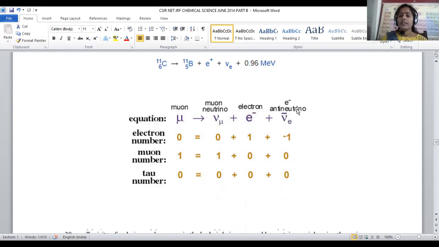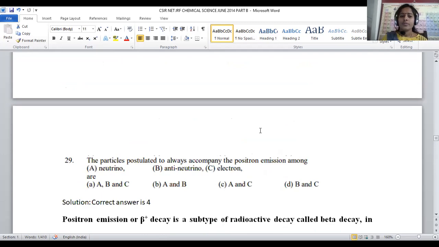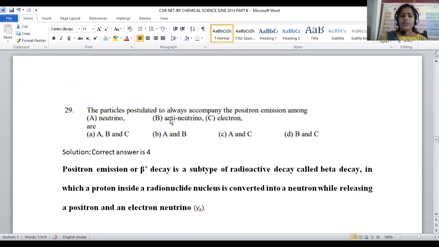So here we can clearly say this nu e is said to be an antineutrino. So what will be emitted in this process? In this positron emission process, antineutrino and one more, the electron, will be emitted. B and C will be emitted. That is given in option number 4. For question number 29, option number 4 is the correct answer.